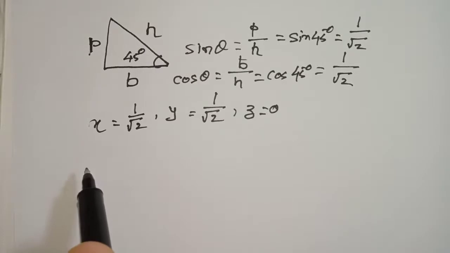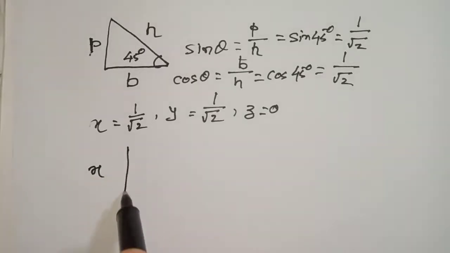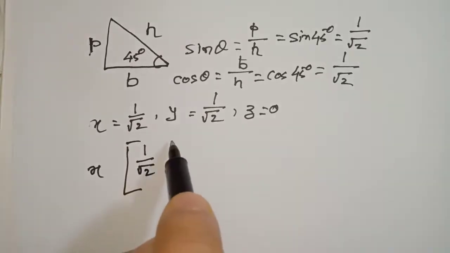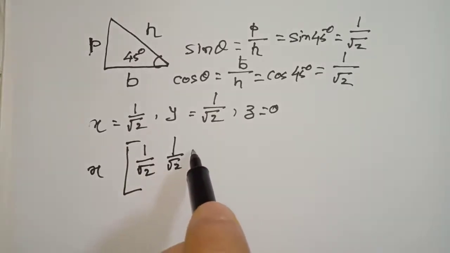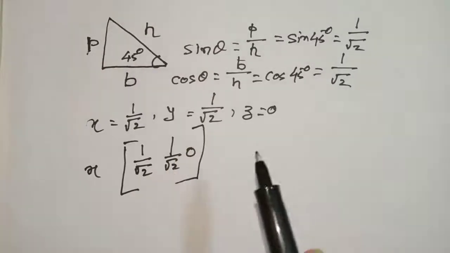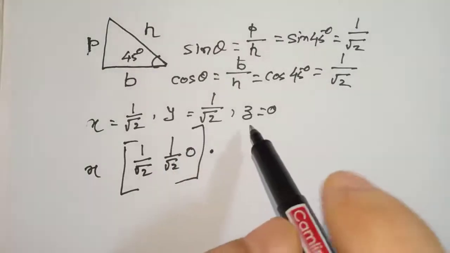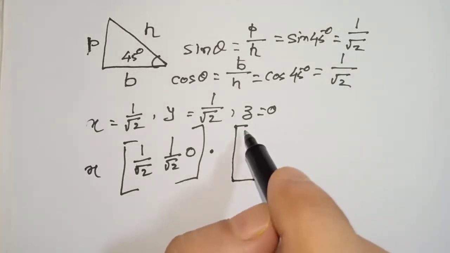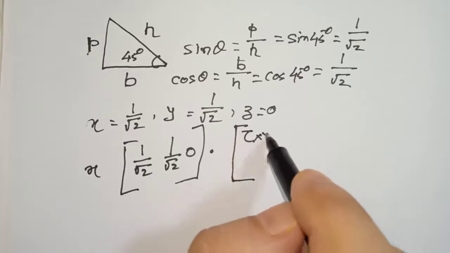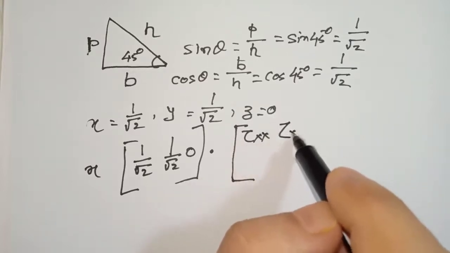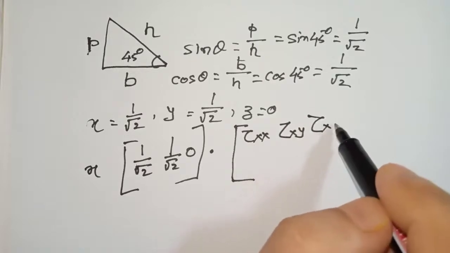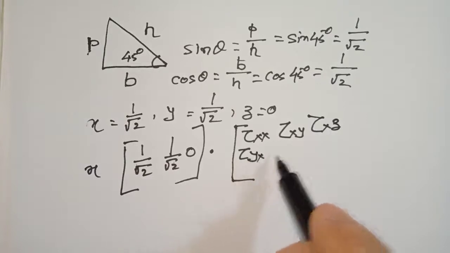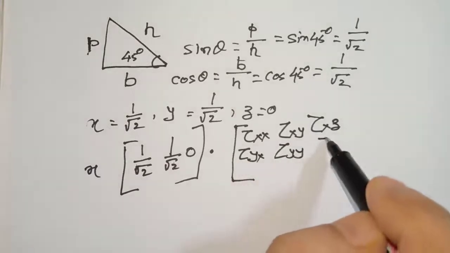So what it will eventually become is x, which will be basically 1 by root 2, 1 by root 2 and 0, right? This would be x, taking a dot product with the stress tensor. So you have to just bear with me until I write the values of the stress tensor. Tau xx, tau xy, tau xz. Then we have tau yx, tau yy, and tau yz.